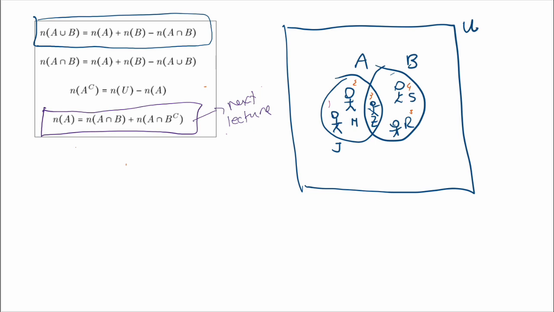The formula is saying this: given two sets, A and B, in a particular universe, the number of elements of the new set that is the result of the union operation between A and B. So you have a set A, you have a set B. Let's say that A is the set of people that like ice cream, and B is the set of people that like chocolate cake.